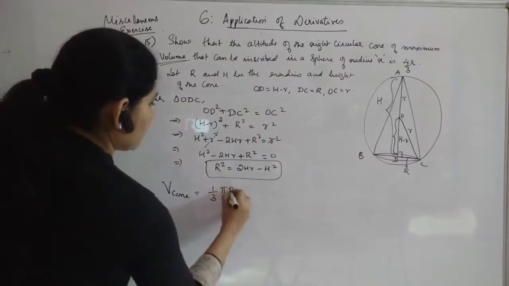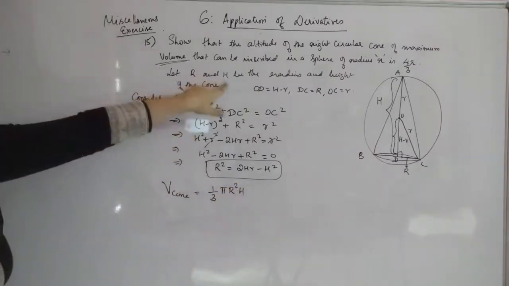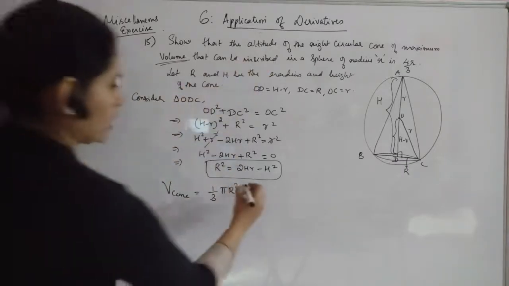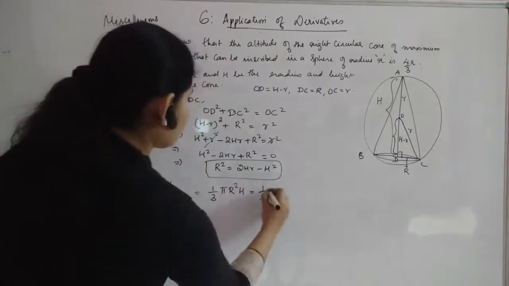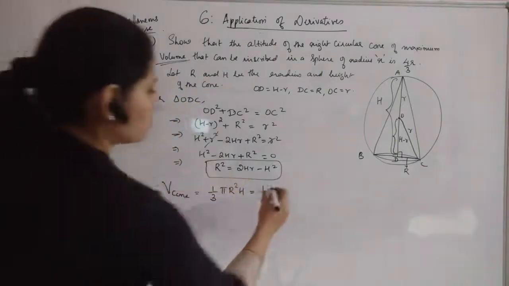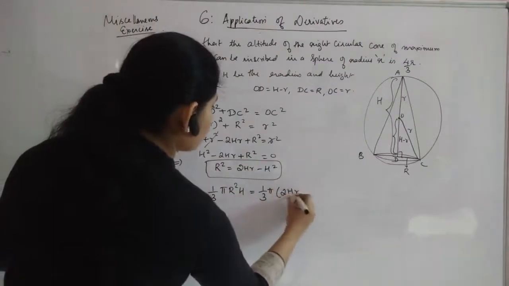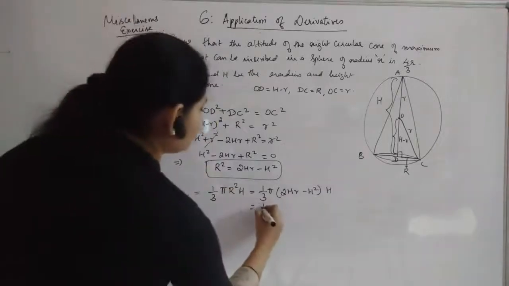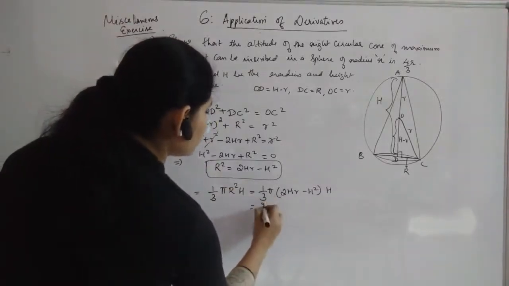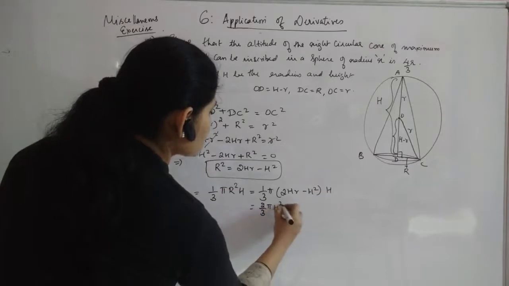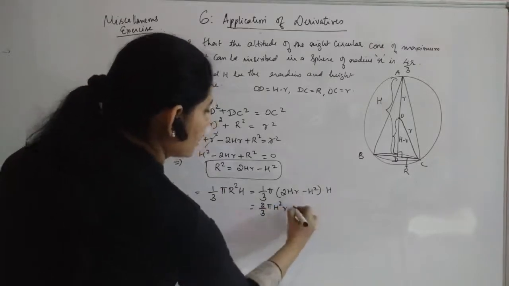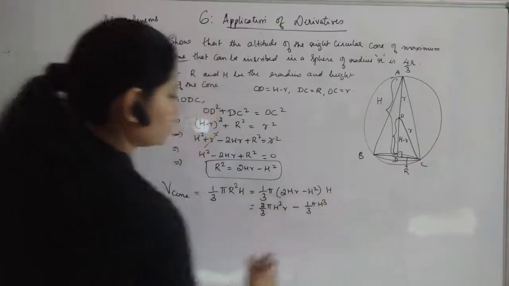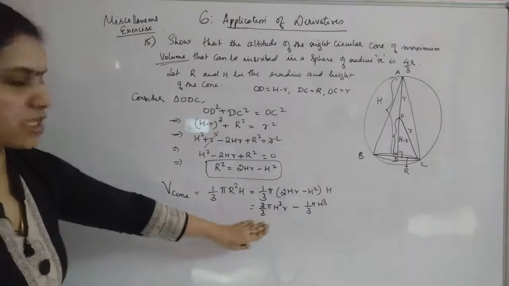Remember what you have taken as a variable, accordingly you have to take, because small r is already given, you cannot use that. 1 by 3 pi R square, we have the value, replace it, 2H small r minus H square into H. Now you can just multiply them so that the first term will become 2 by 3 pi H square r, H is also there, that is multiplied, minus 1 by 3 pi, here you will have H cube, so that the differentiation will become easy.